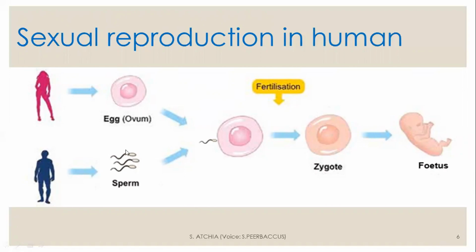The nuclei of both egg cell and sperm contain half the genetic material compared to any normal human cell. A normal human cell contains 46 chromosomes, but the sex cells are the only cells produced by the body which contain half the number of chromosomes, that is, 23.